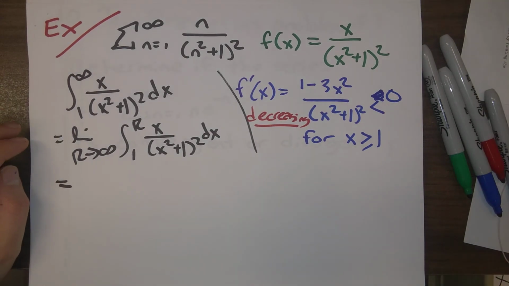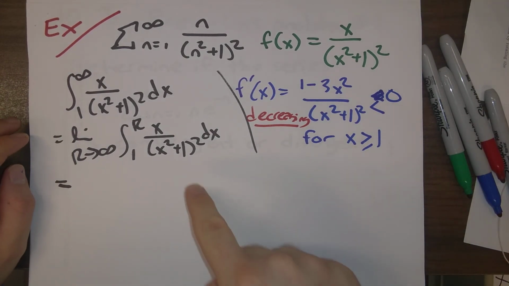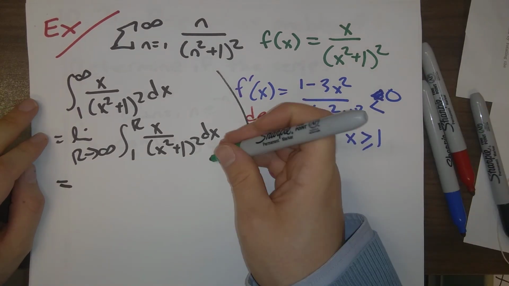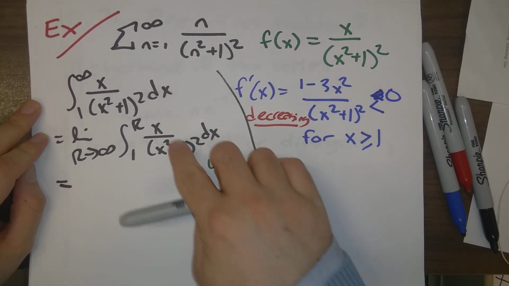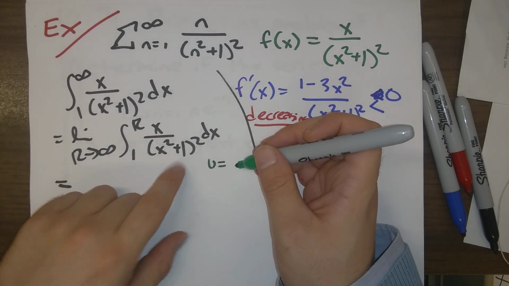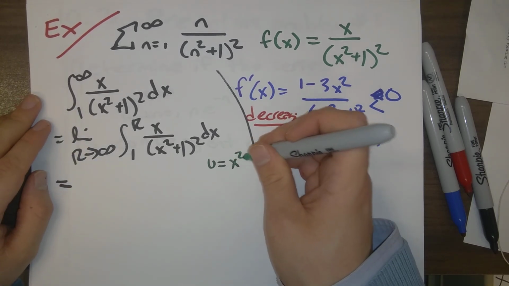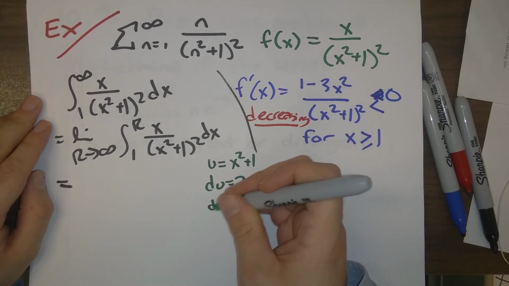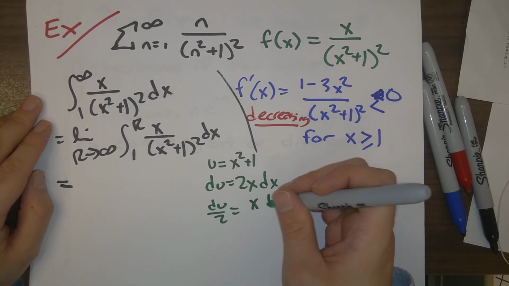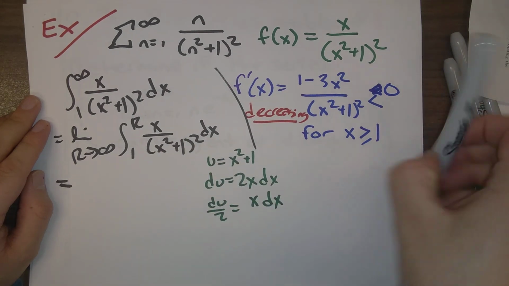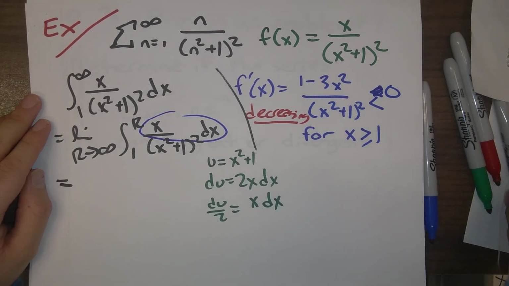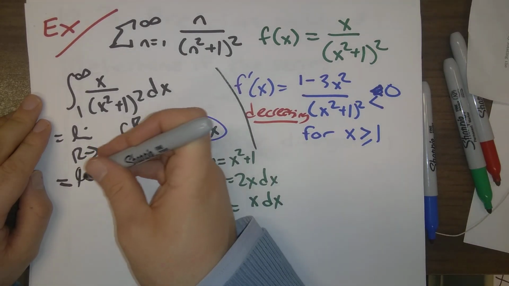Now we want to find the antiderivative, and if you're paying attention, this is great for substitution. u is equal to x squared plus 1, du is equal to 2x dx, so du over 2 is x dx, because we've got a factor of x dx sitting right there. So our life is great.